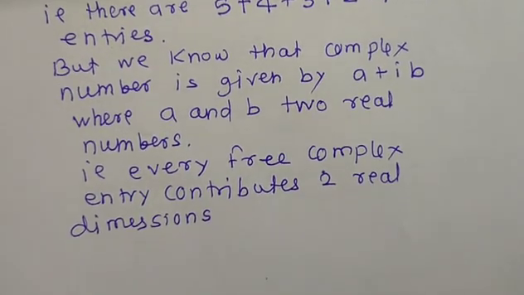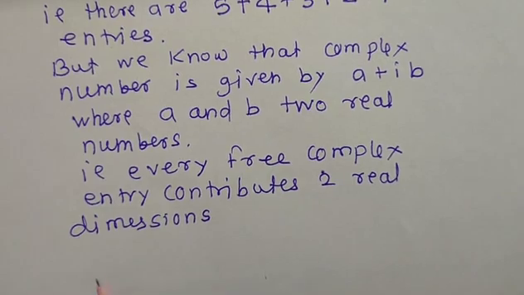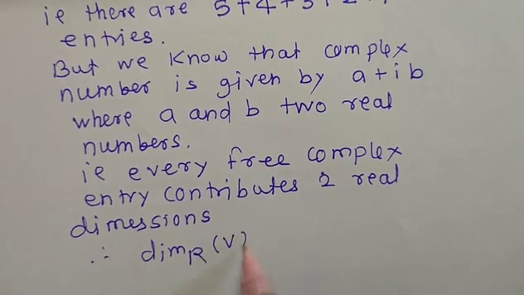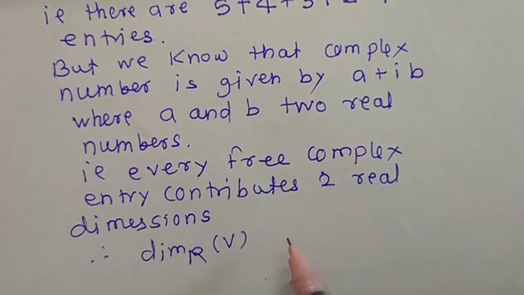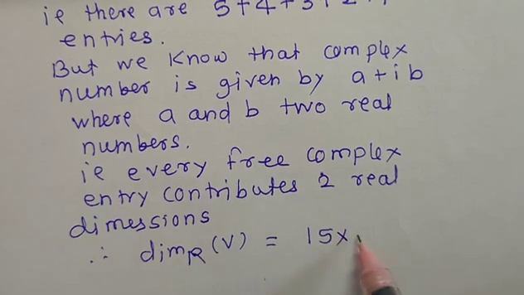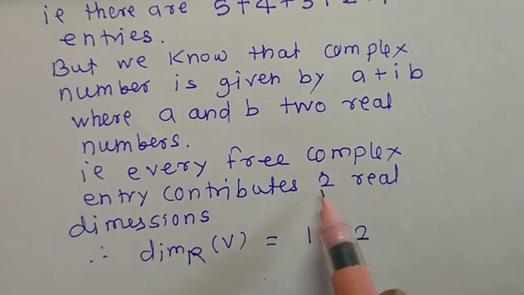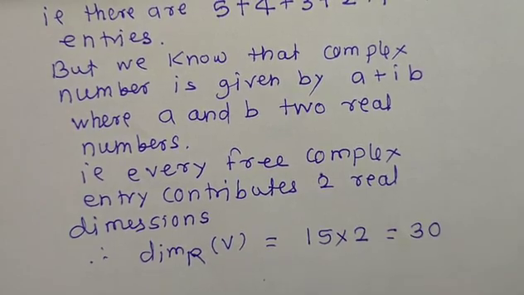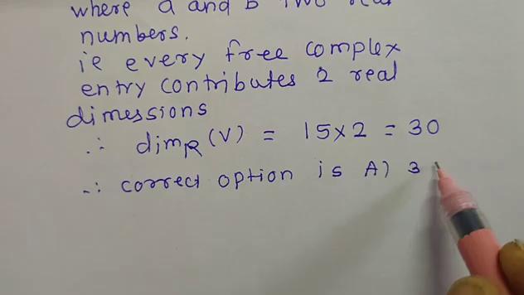Therefore the dimension over the reals is equal to what? 15 into 2, that is equal to 30. So the correct option is what? A, 30.